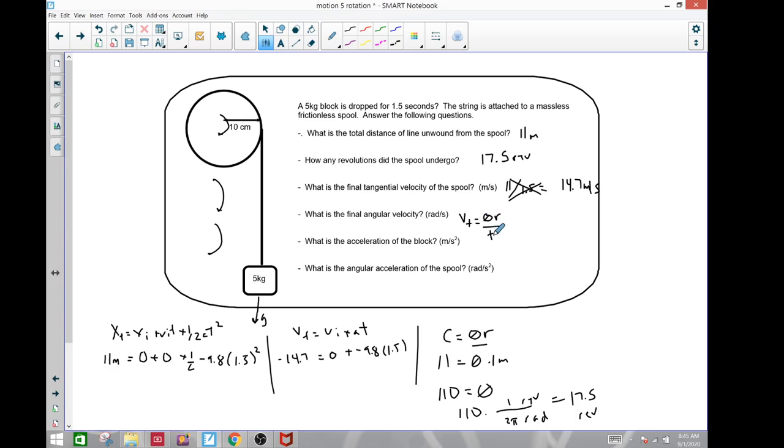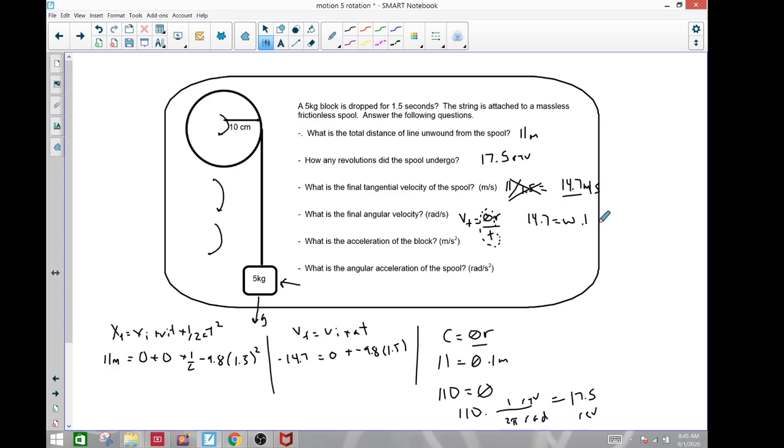So in this case, at the very end I have that value, and that value is 14.7. So 14.7 equals the angular velocity times my radius, which is 0.1.